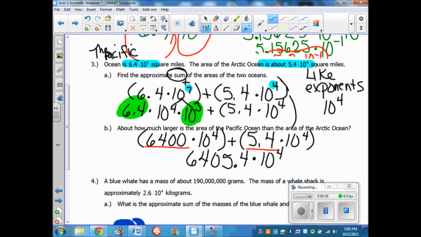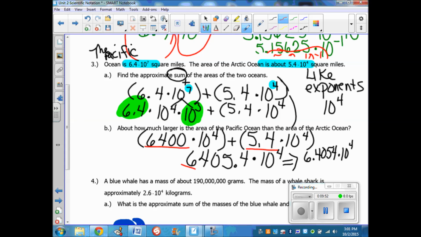It's not. Where would we place our decimal? I'm going to put a little arrow here. We would place our decimal to get 6.4054. We have the 10 to the 4th already there. So what do we end up with? Okay.